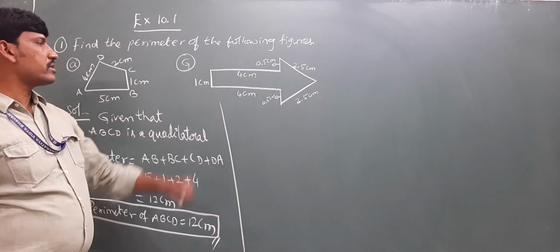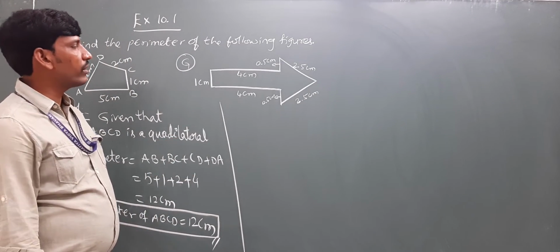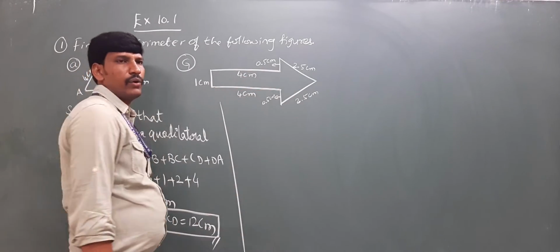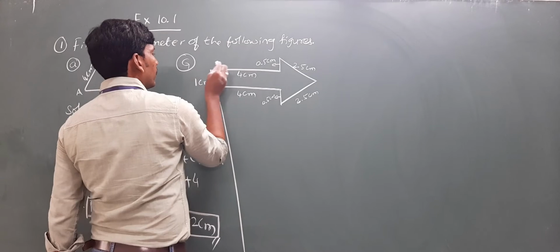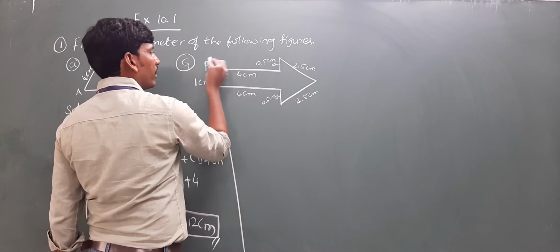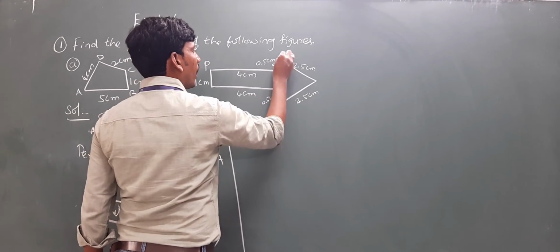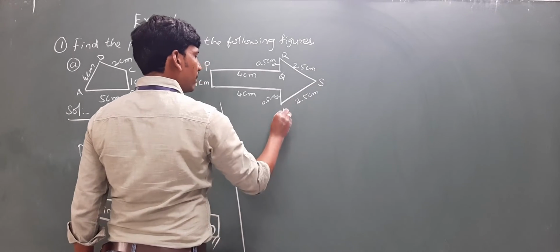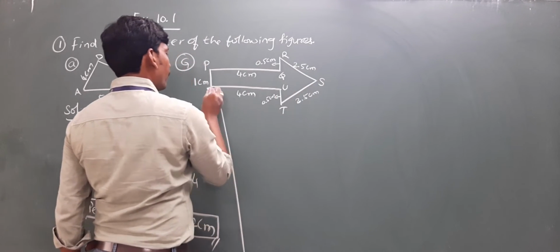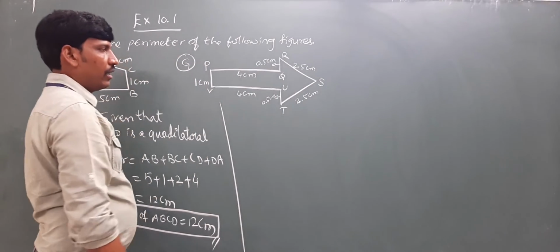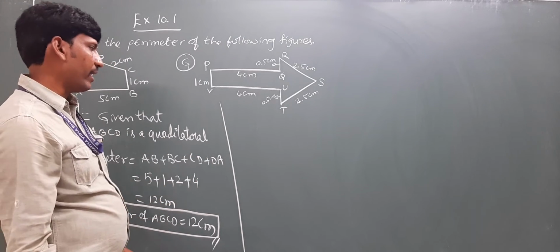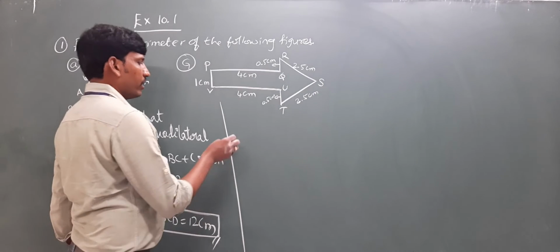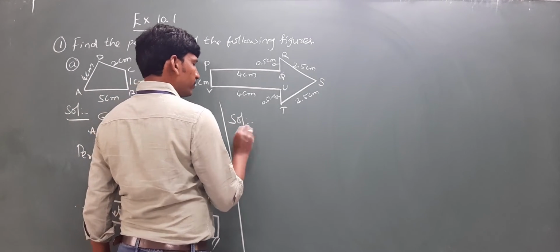Now let us see this here, G bit. Here it is also one arrow. This is one arrow. Okay. So let us give some names for this. Start with P. This is Q, R, S, T, U, V. Then it is easy to write when solving the problem, when finding the perimeter. So now here the solution.